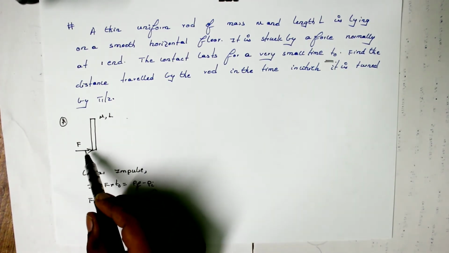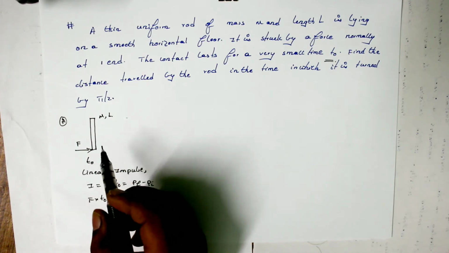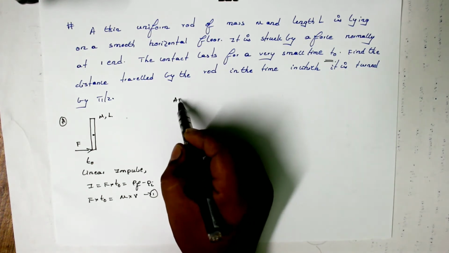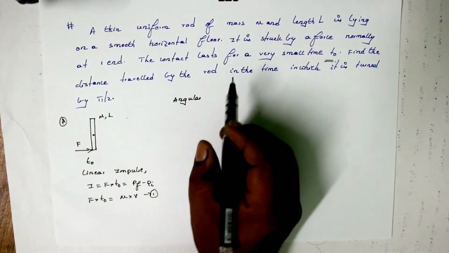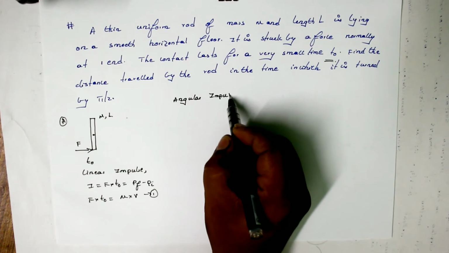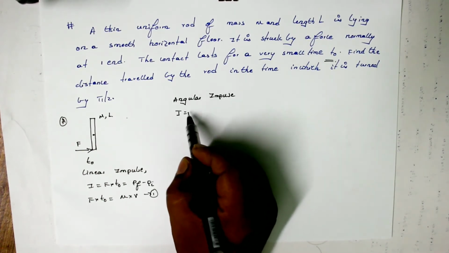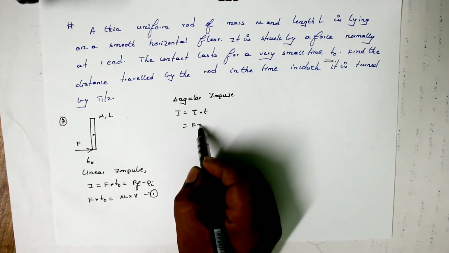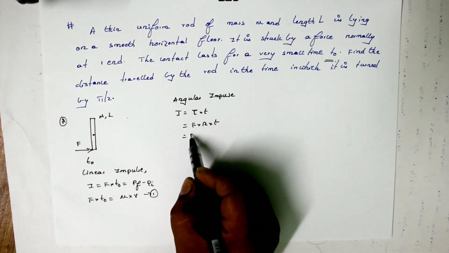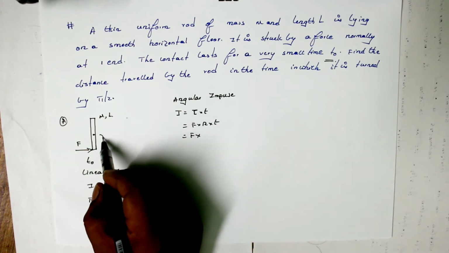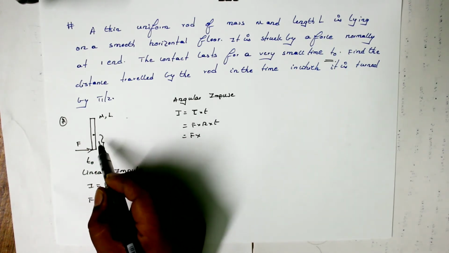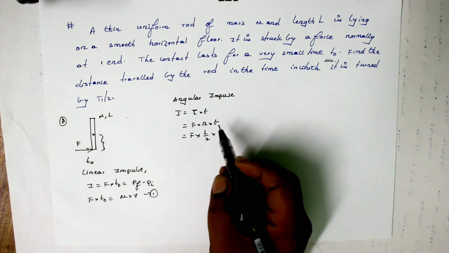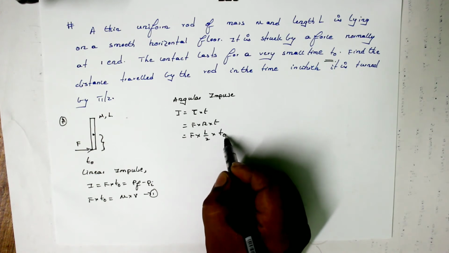The same force produces angular impulse also about the center of mass. So if I study angular impulse, then angular impulse J can be written as torque into time. Torque can be written as F into r, into t. Force applied is F, and from the axis of this rod, or you can call it the center of mass, this is at a distance of L by 2, into time of application of force t naught.